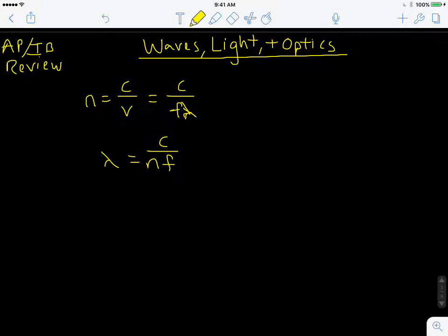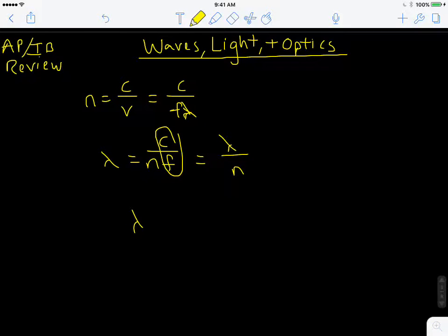Now, what is really important is that since the frequency of a wave does not change when it enters a new material, this c over f for a given wave going from one barrier to another, so this ratio right here, is going to stay the same. So what I could say is that that's just the wavelength in a vacuum divided by this index of refraction.